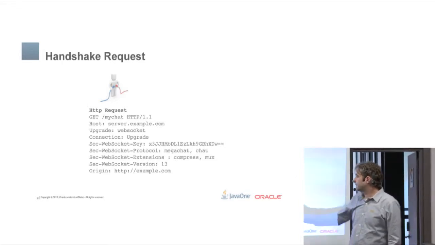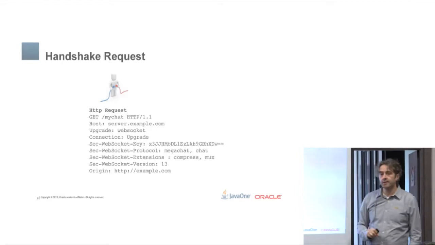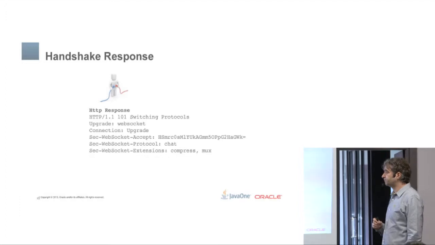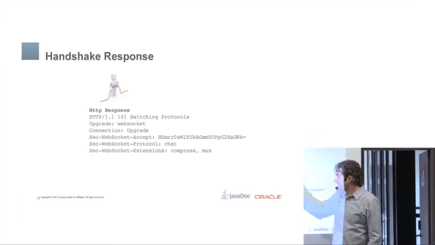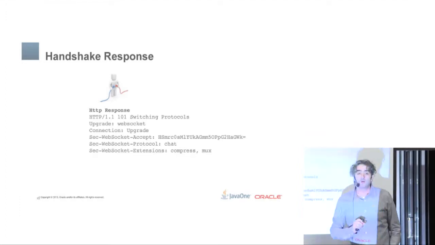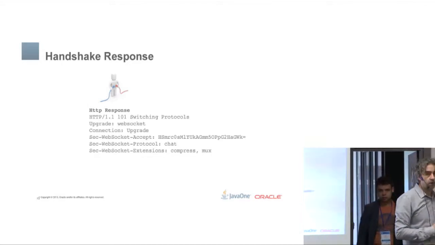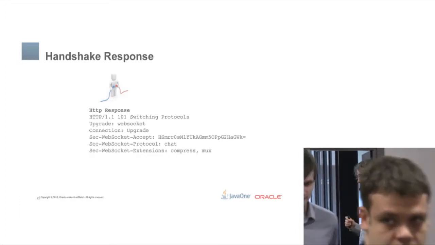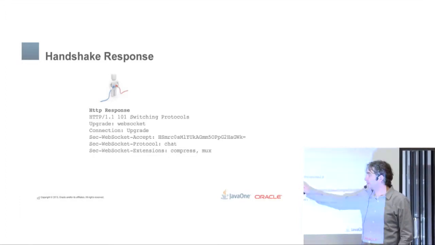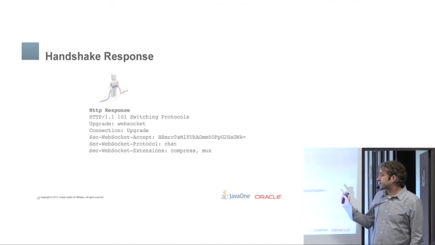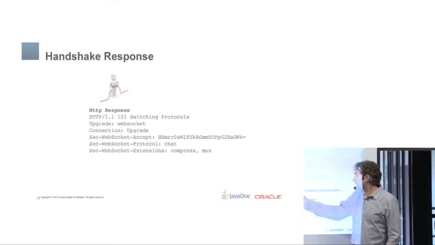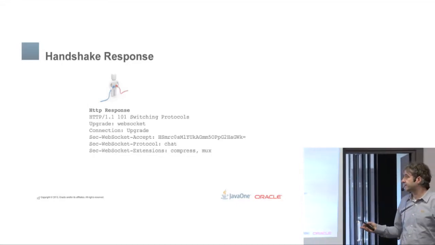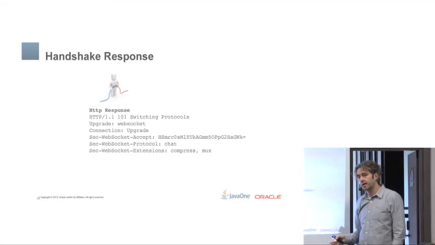The client also sends a key, the Sec-WebSocket-Key. This will be used by the server. This is a response from the server. It's HTTP 1.1, obviously. The HTTP code is 101, meaning that you agree to switch protocols. So the protocol will be switched to WebSocket. The server sends back a Sec-WebSocket-Accept, which is basically a SHA-1 computed value based on the key that was sent by the client.